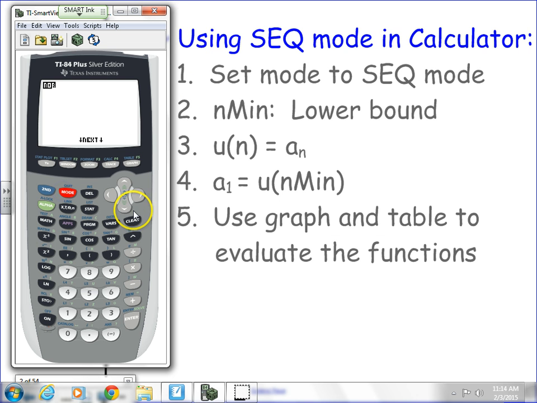If we go to mode and go to sequence mode, not function, not parametric, not polar, but sequence. Okay? If you go to your y equals, you see the following: n min, u of n, u of n min. And here's how you use it. Technically, let me rearrange this.